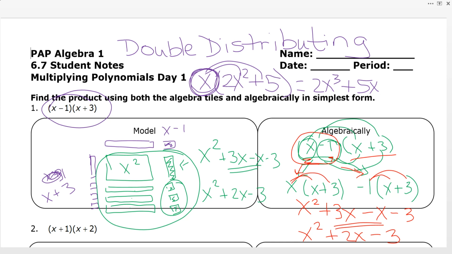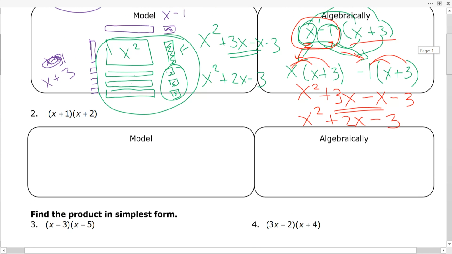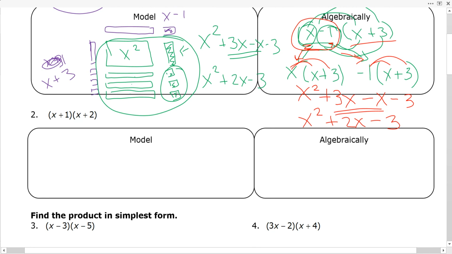One other way we talked about doing those, and I'll just do it down here at the bottom, was if I take these two, I can also make a box. And I guess people who liked lattice multiplying might like this better. I'm going to make a box. We'll see if this is big enough for me to write in. Here's my x plus 1, and here's my x plus 2.